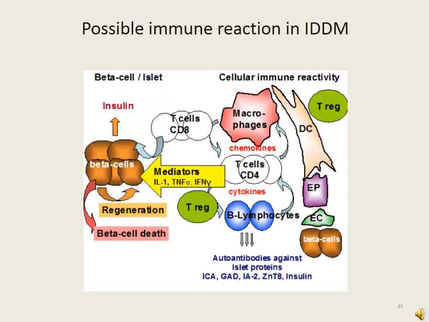As well, this CD4 T cell will release the cytokines that help the B cell that is specific to the insulin or the beta cell produce an autoantibody against the islet protein, as written down there, and this autoantibody will go and destroy the beta cell, so there is a lack of insulin production.